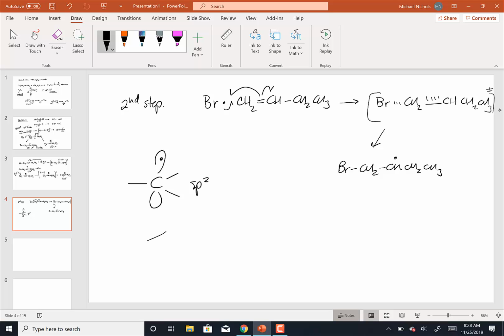So in other words, if I was to take this double bond, and I'm going to put two methyl groups here, it doesn't matter whether I add the Br dot to the top carbon or the bottom carbon, I'm going to get the same product. When I do that, let's say I add the Br to the top carbon. Down here, I'm going to have my sp2 hybridized radical.